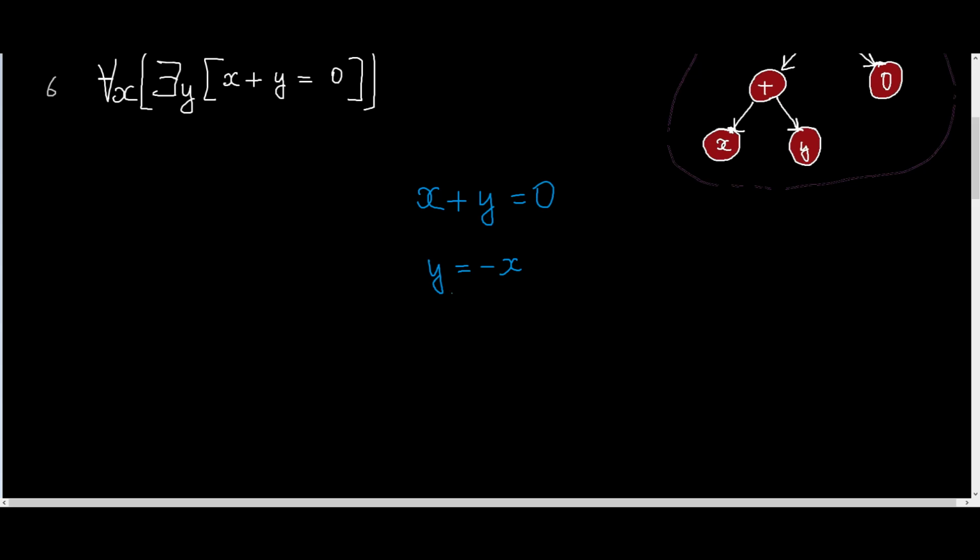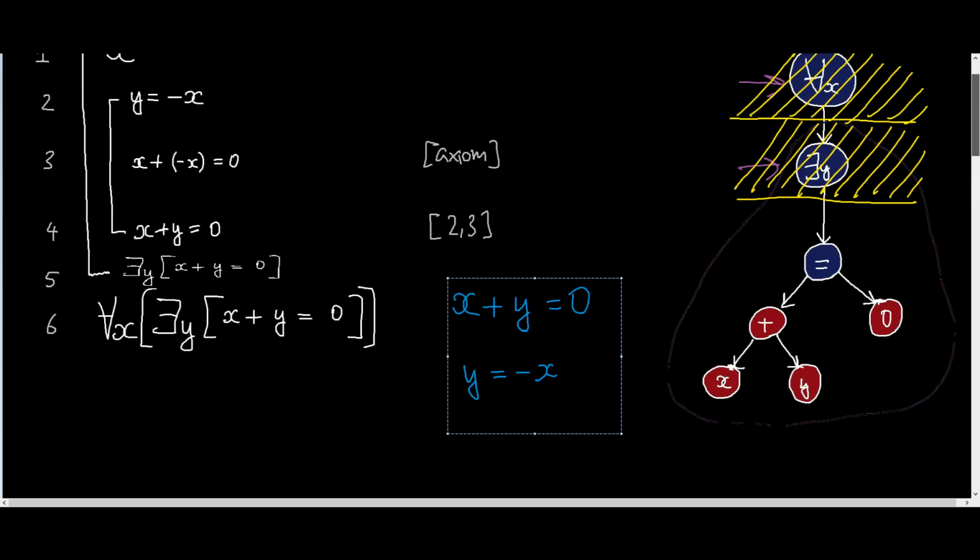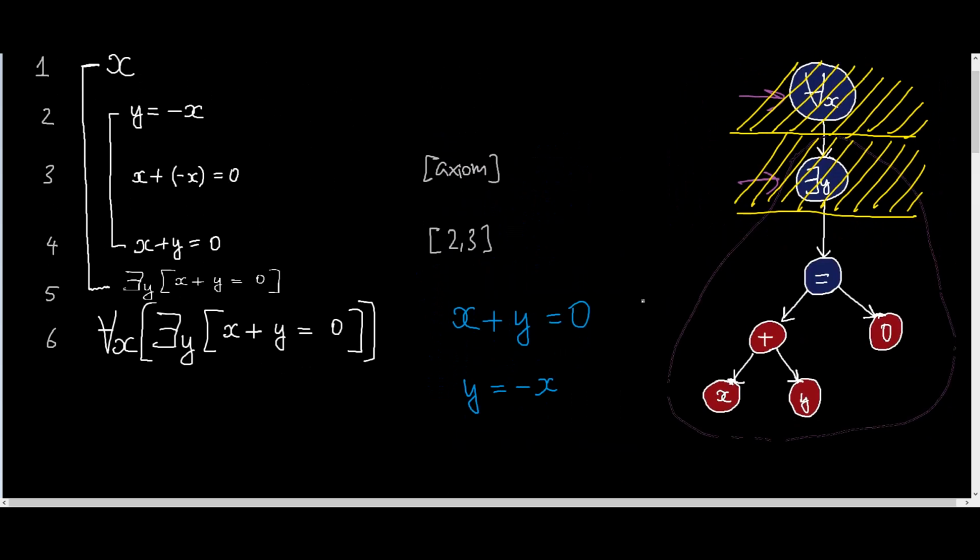And so you've kind of solved for y, hence proving that such a y exists, because you were able to solve the equation. But you see how different this is from the actual proof. Because here, the order is completely different, right? Here we have first y equals minus x, then x plus y equals 0. You see? Here it's the other way around.